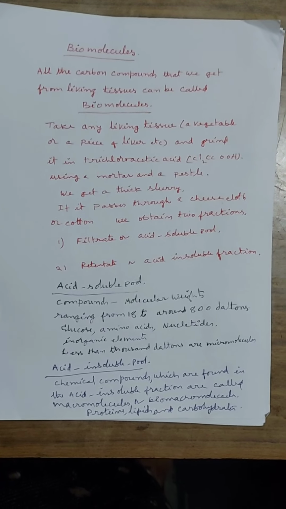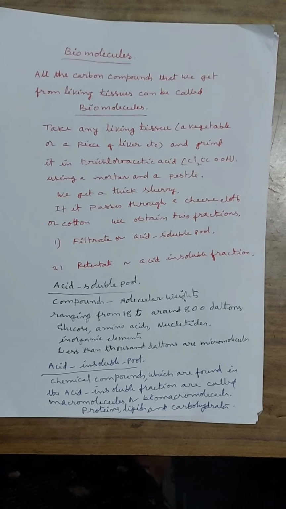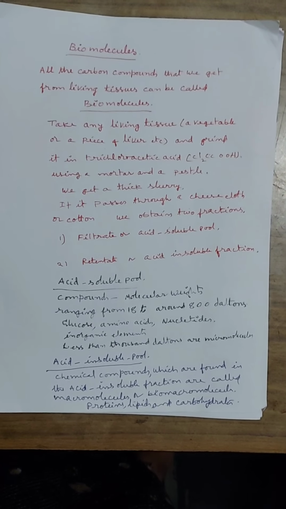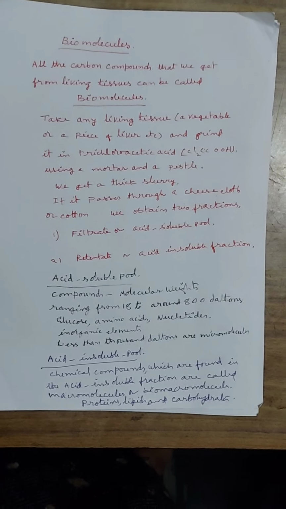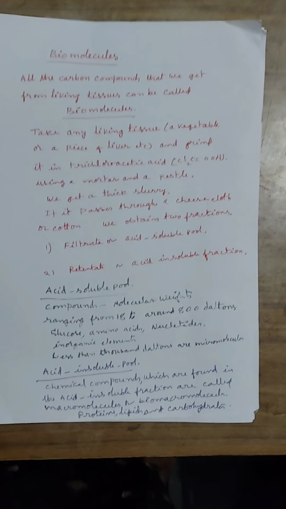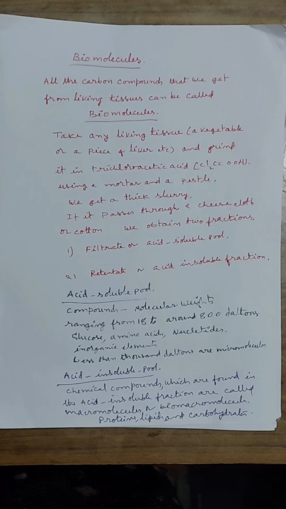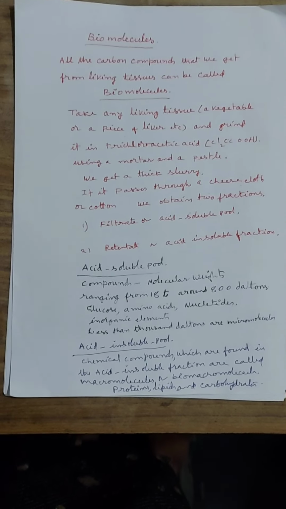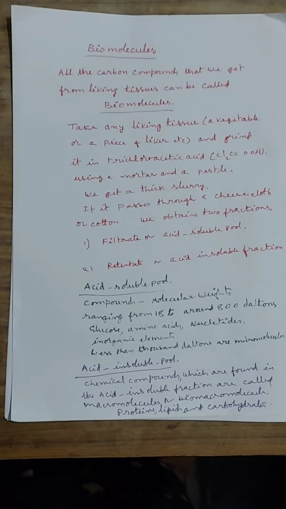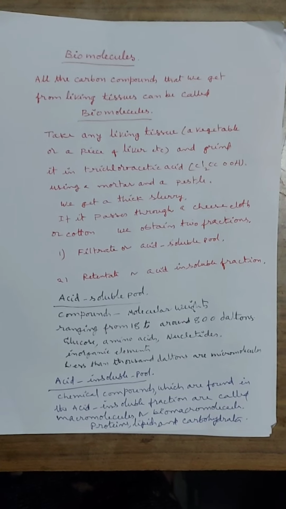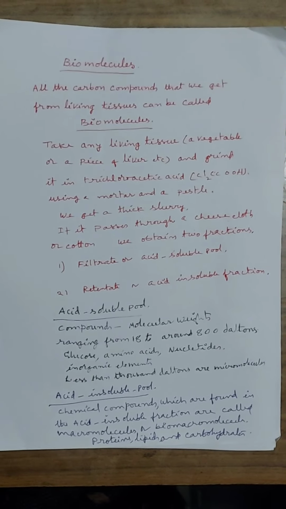Filtrate is also known as the acid soluble pool; retentate is also known as the acid insoluble pool. Now tell me, what are biomolecules? What are biomicromolecules? What are biomacromolecules?